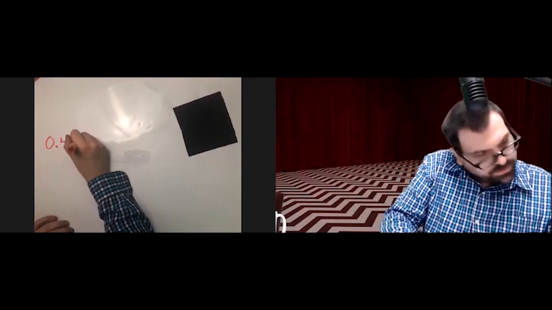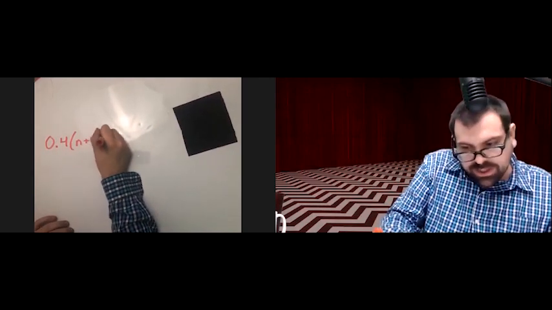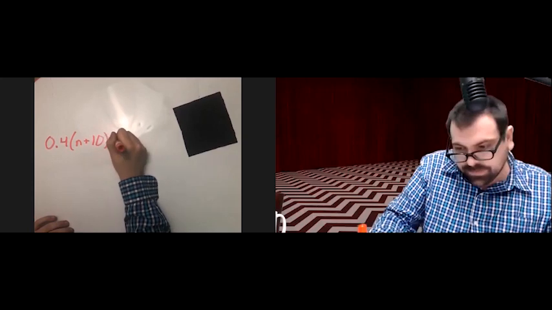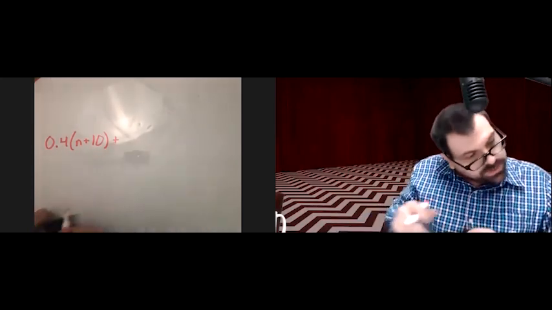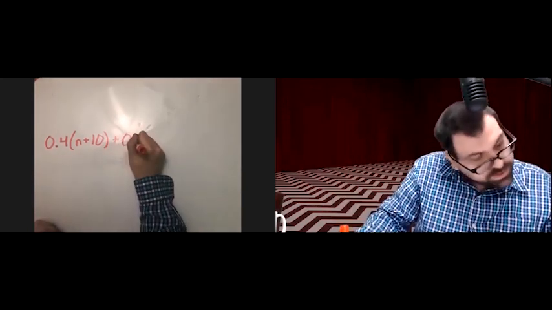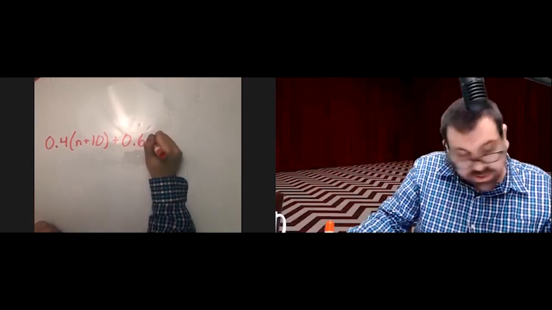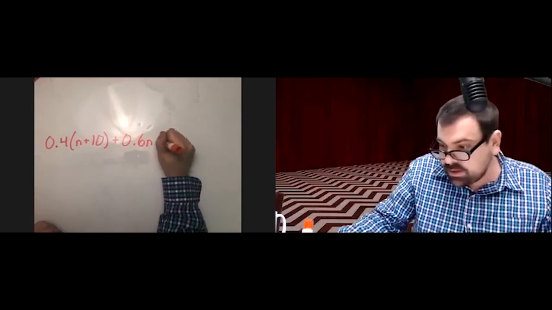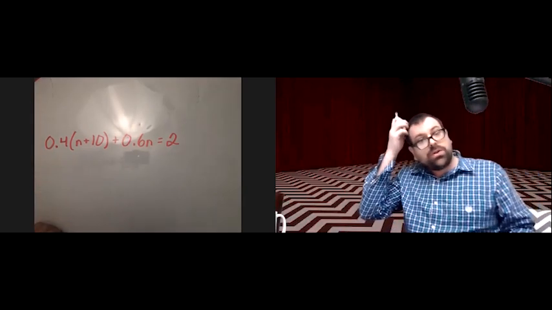0.4 times the quantity n plus 10, plus 0.6n, equals 2.